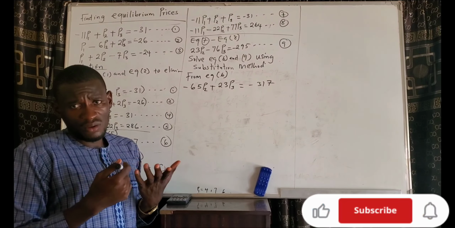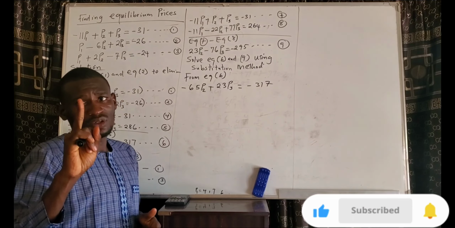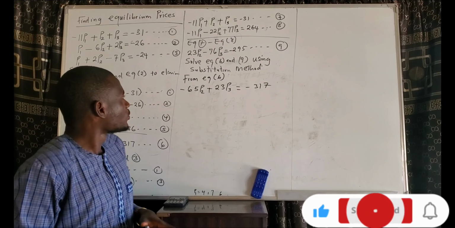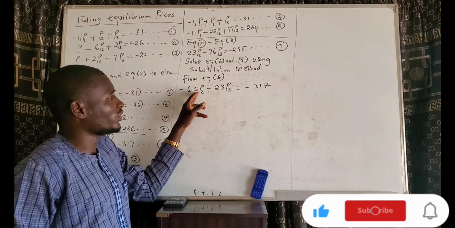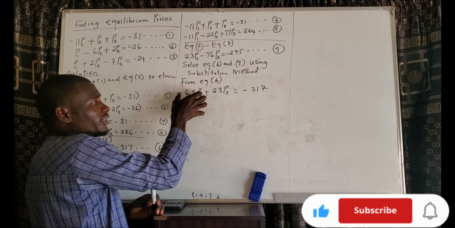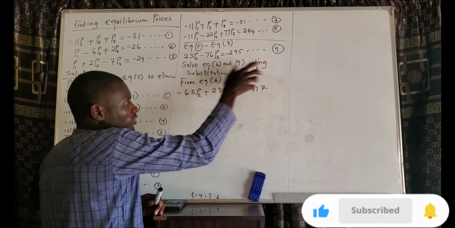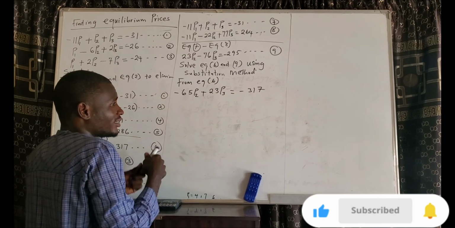Substitution method involves forming another equation with a subject of one of the unknowns. So I decide to make P2 the subject of this equation 6. In that regard, I will take negative 65p2 to the right hand side. We take 317 to the left hand side.